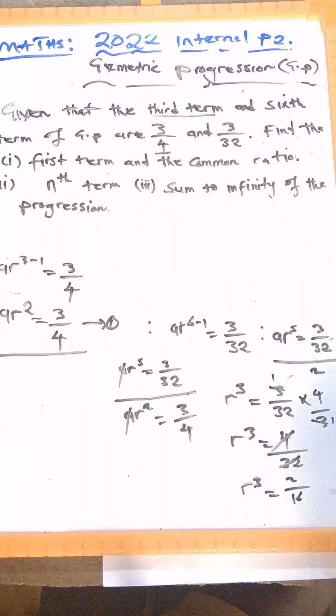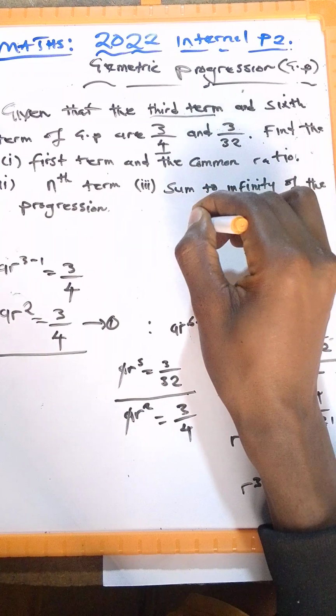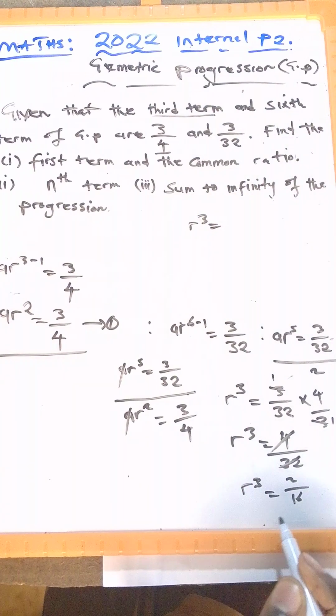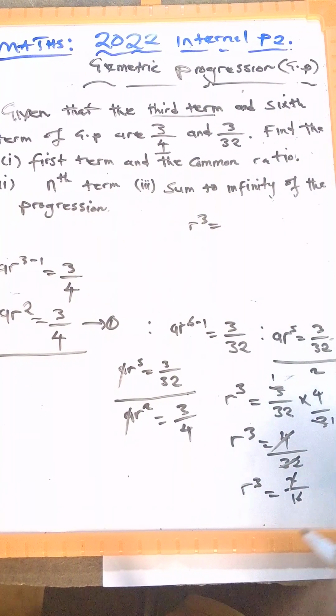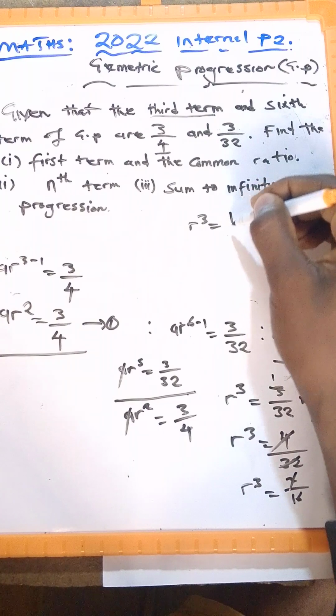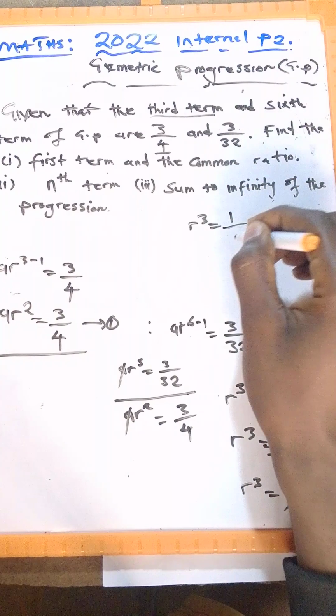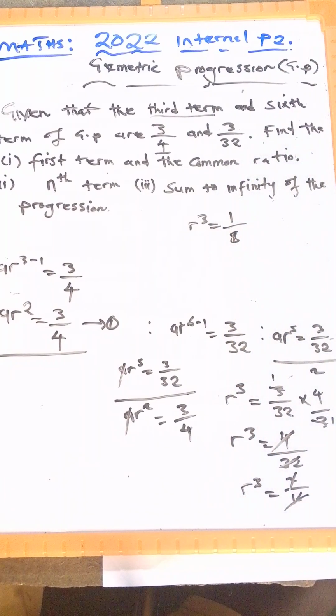So you can further reduce now to say r to the power 3 is equal to, so remember we are here, 2 into 2 gives us 1 over, then 2 into 16 gives us 8.